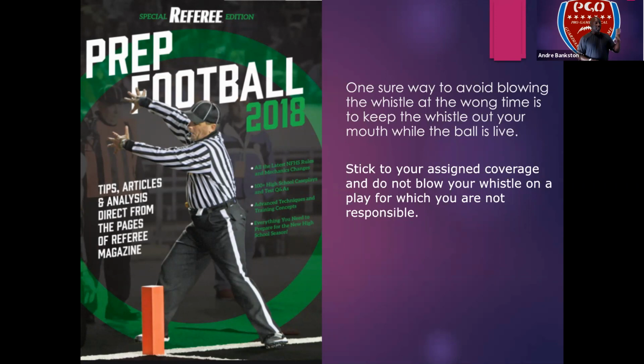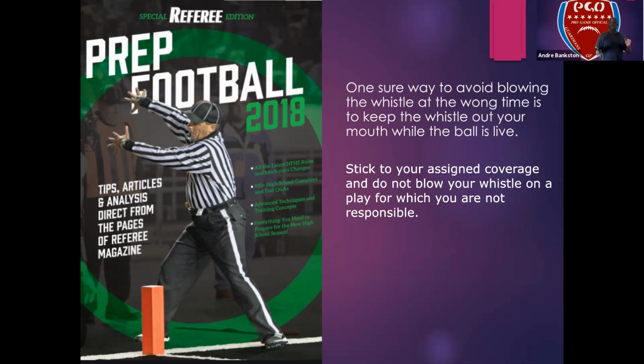So there can be issues going on off the ball that we have to be concerned with. Personal fouls, unsportsmanlike conduct, fighting, anything like that can be happening off the ball. And as officials, if that's in your zone, that's what you're supposed to be watching. Not the runner with the ball, not if he's on the other wing of the field.